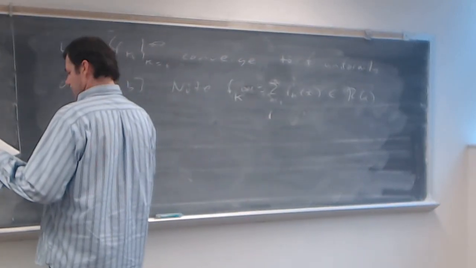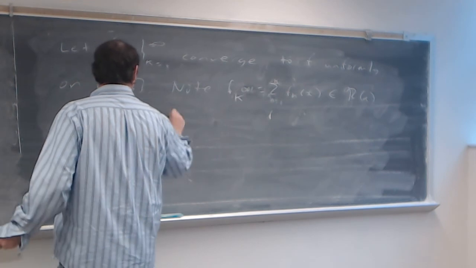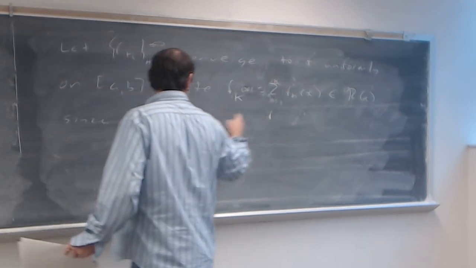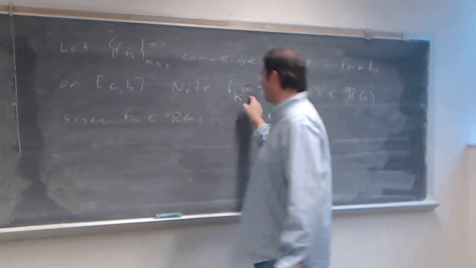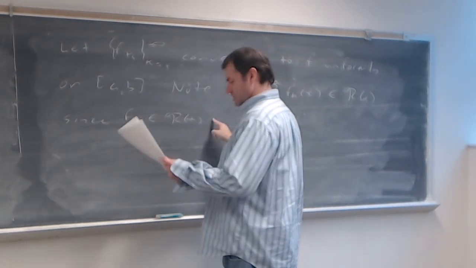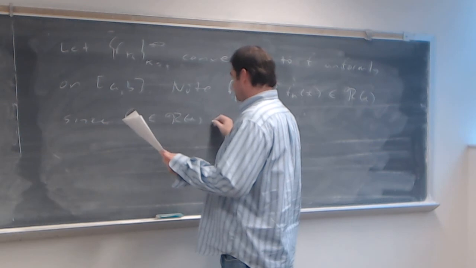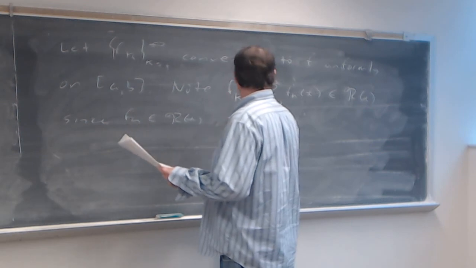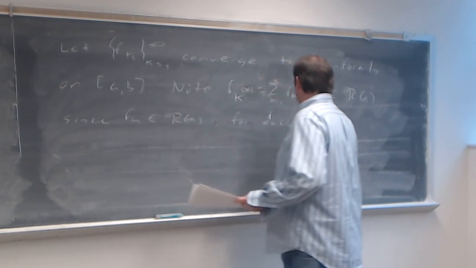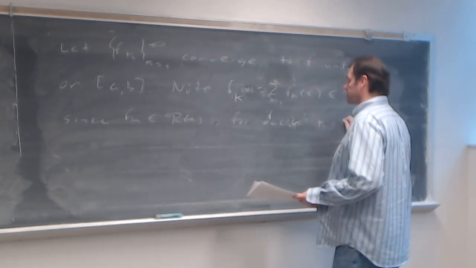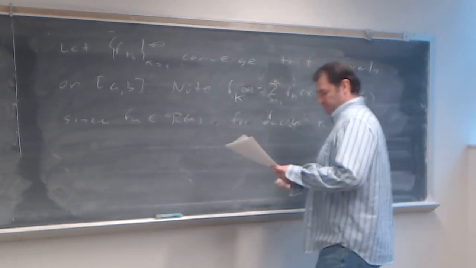The reason that's true is since f sub n is Riemann-Stieltjes integrable, and we're just adding up a finite number of Riemann-Stieltjes integrable functions, making f sub k Riemann-Stieltjes integrable. And that's true for each k equal to 1, 2, forever.